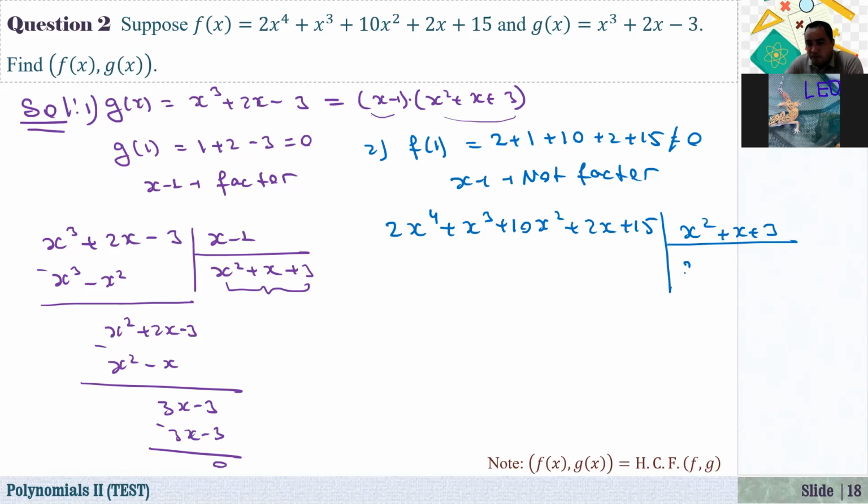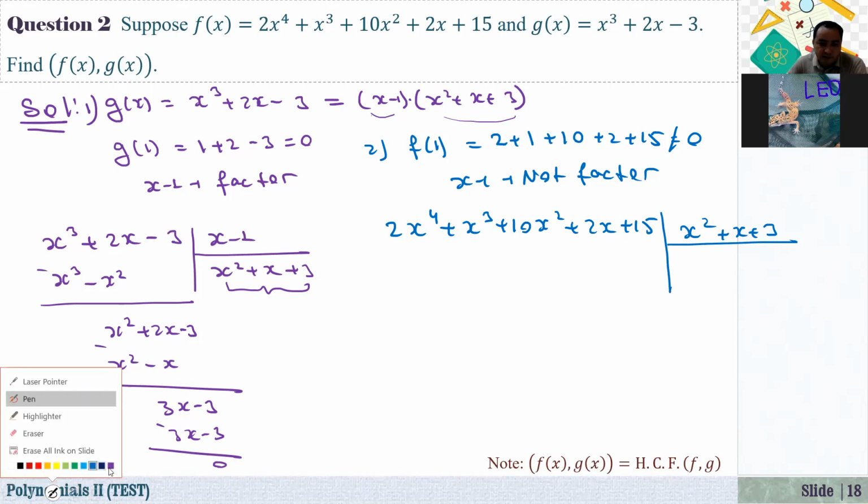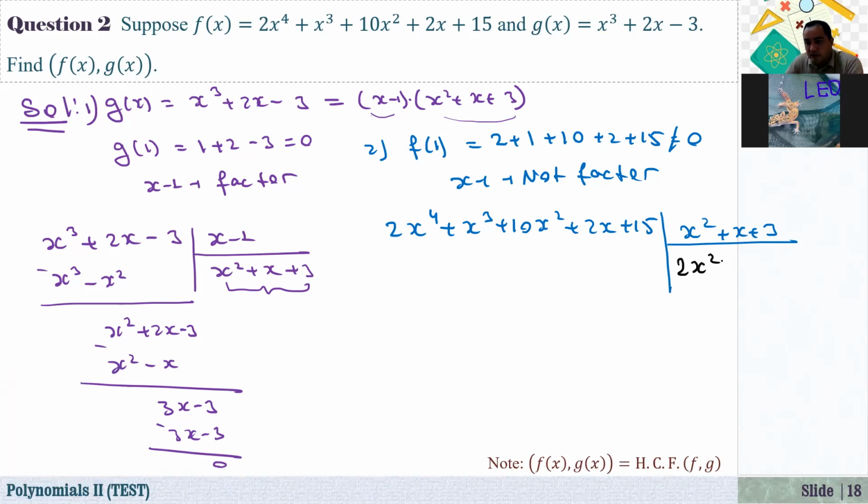Here we have 2x squared, so 2x to the power of 4 plus 2x cubed plus 6x squared.